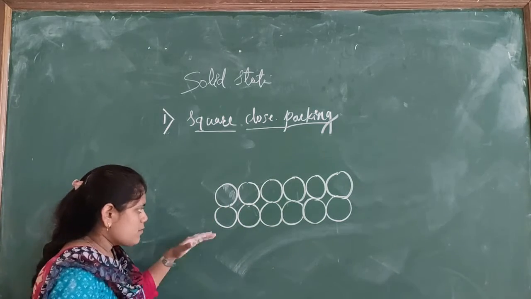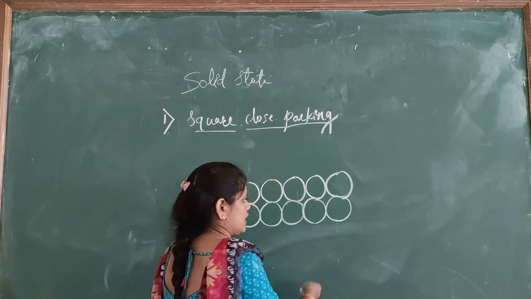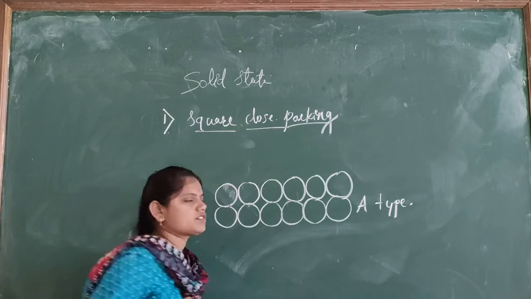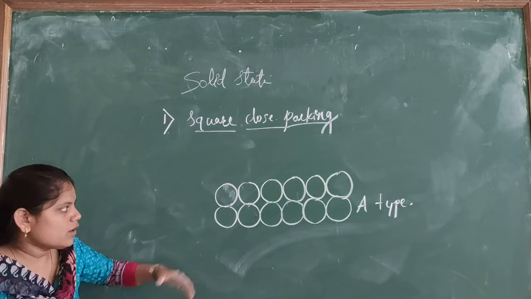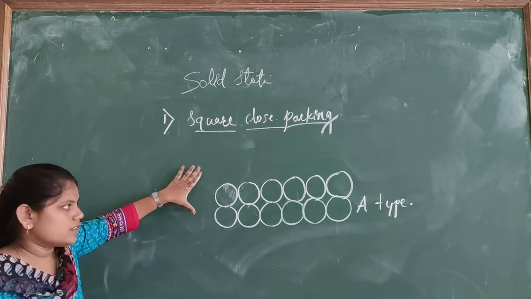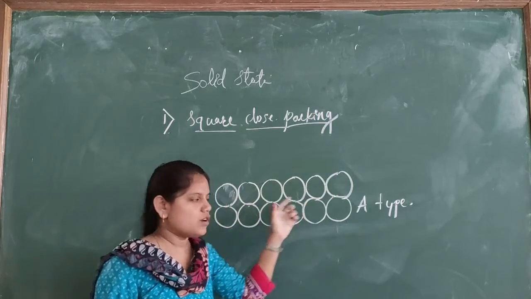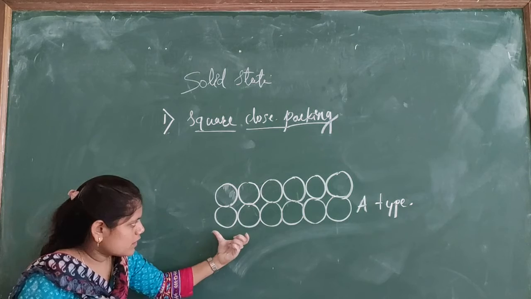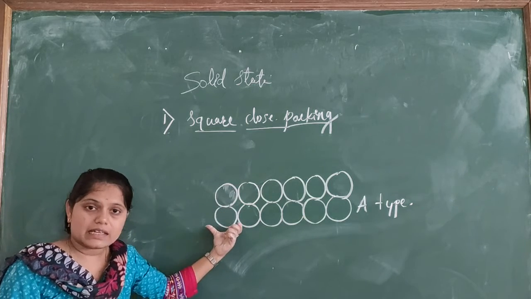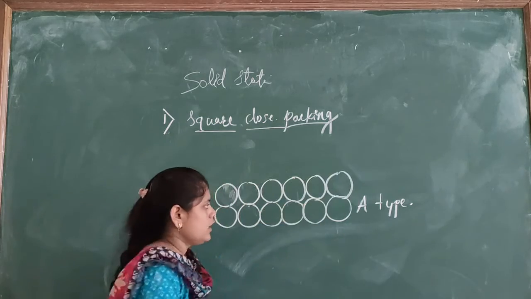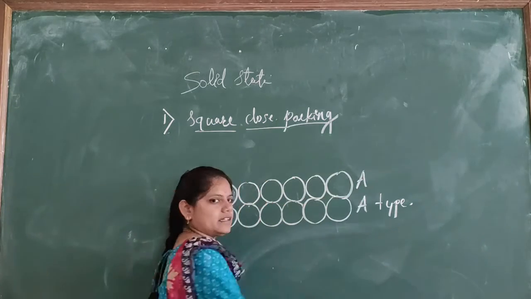Okay, so suppose this first row is an A type. Now if you look at the second row, it also looks the same type. Yes or no? Because the second row is present exactly above the first row, it looks the same. So again this will be the A type.